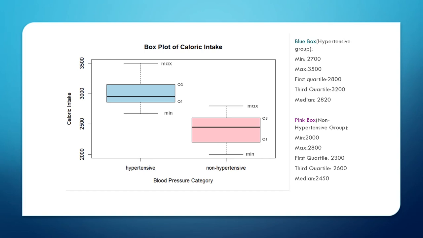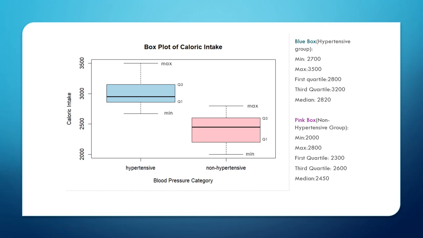The median or central tendency in caloric intake for the hypertensive group, which is 2820, is higher than that for the non-hypertensive group, that is 2450. This indicates that on average, individuals in the hypertensive group tend to consume more calories than those in the non-hypertensive group.